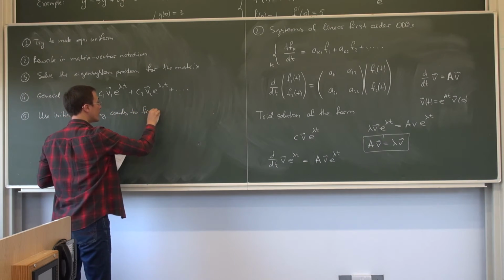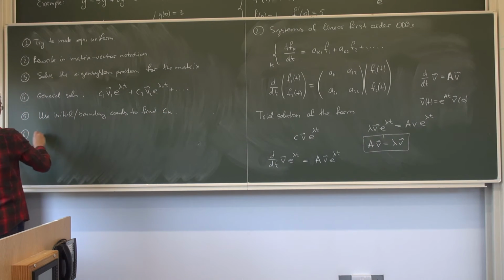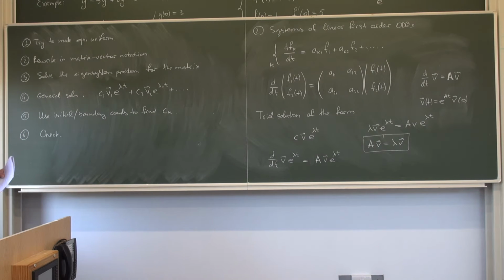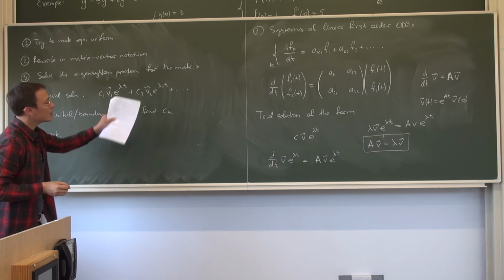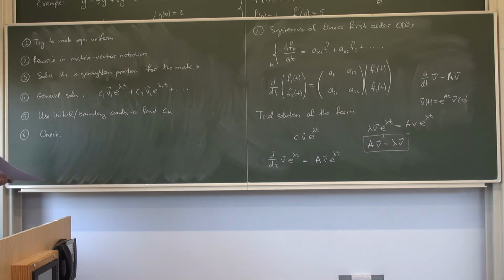Find Ck. And sixth, exactly the same caveat applies when your lambdas are equal. You would have to go to adjoint solutions, but again, in this course we don't have the time, so we will not see them in any problem sets or examinations.